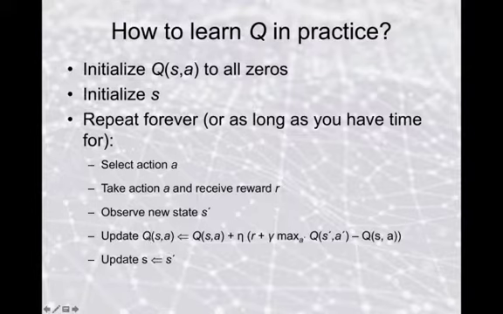The update to the Q value for the state-action pair S, A is the previous value plus some eta, which is like a learning rate, usually a relatively small number, times the reward I get when I'm in state S and take action A, plus gamma, the discount factor, times the maximum Q value over actions I could take in the next state, minus the Q value of the current state-action pair.